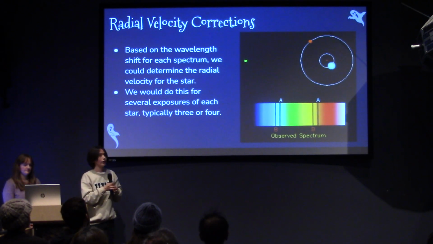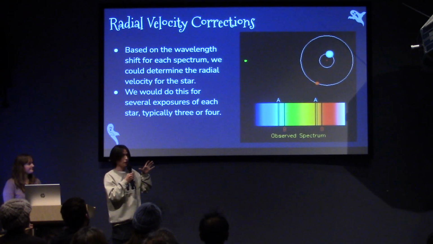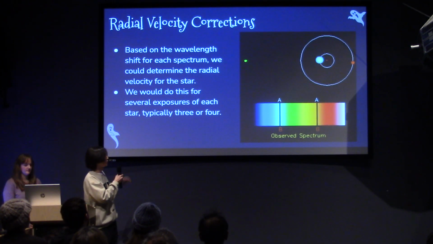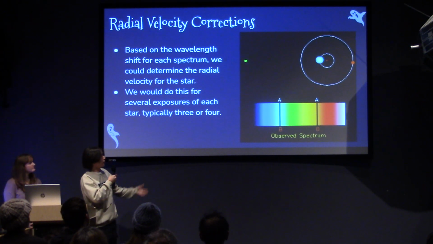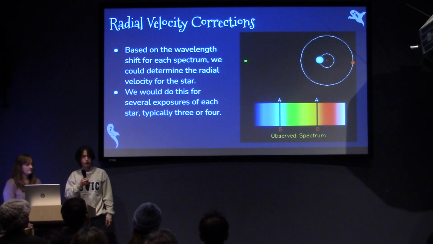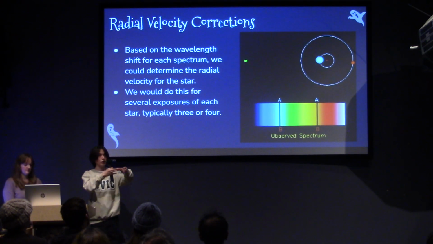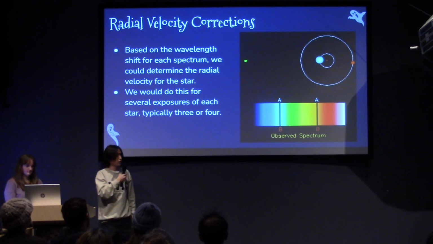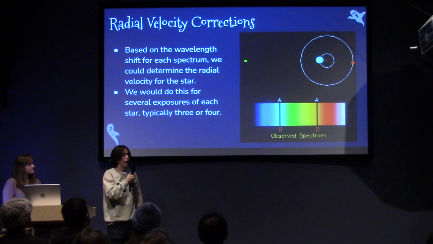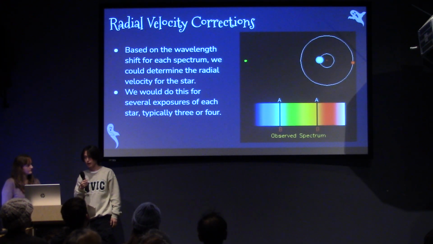Once we had a flat, normalized, continuous spectrum, I would then do radial velocity corrections. As described with the Doppler effect, because these objects were moving away or towards us, the spectra that we would obtain from GHOULS would have a shift in its wavelength.